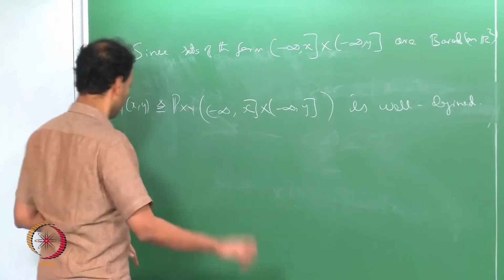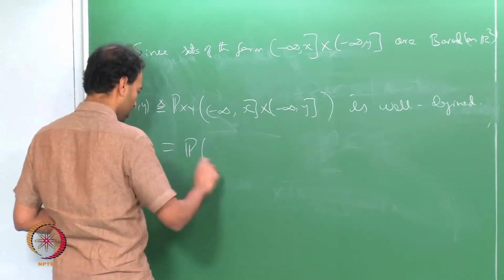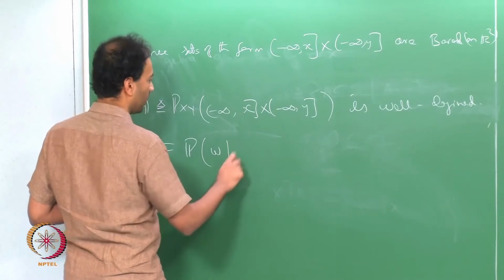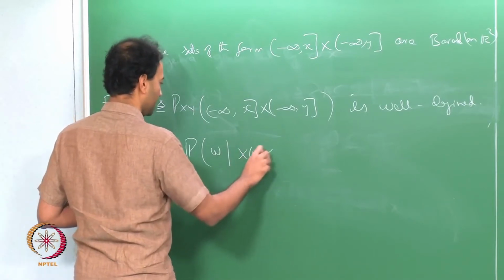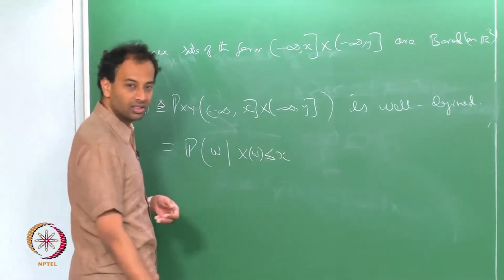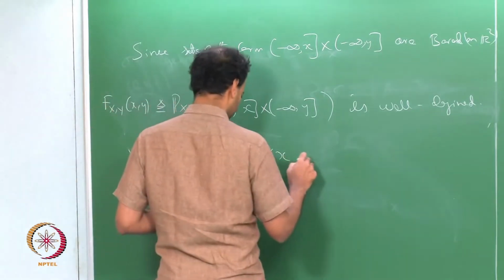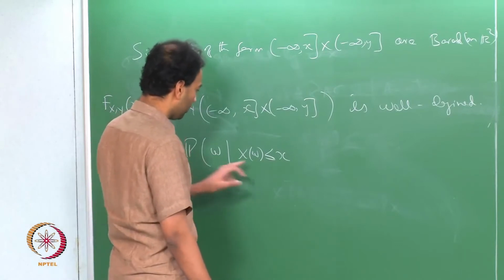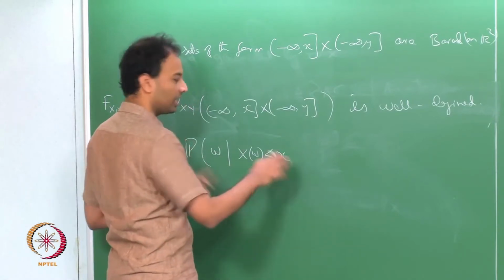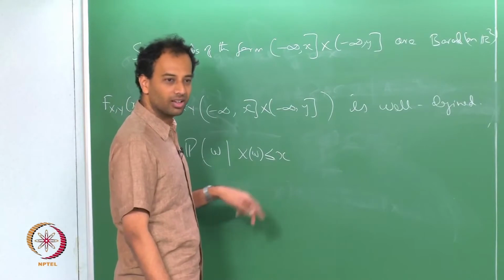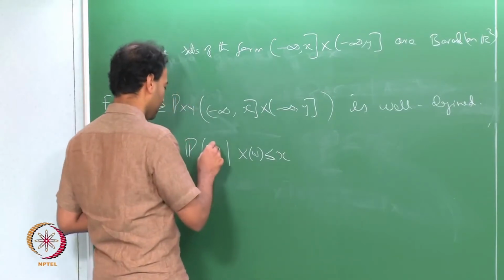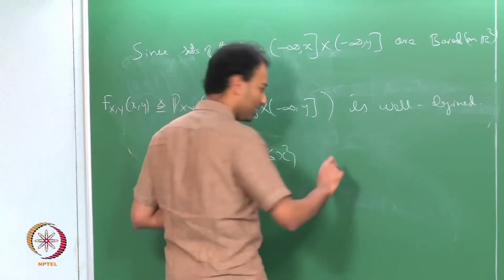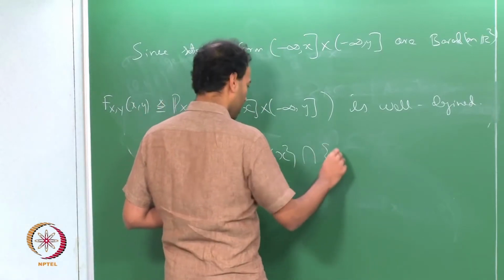Okay. So, to write it out fully, this is the probability of omega for which X of omega is less than or equal to little x, intersection omega for which Y of omega is less than or equal to little y. I should really write this, right. I will never write this again, just for once I will write this, I will abuse notation from now on.